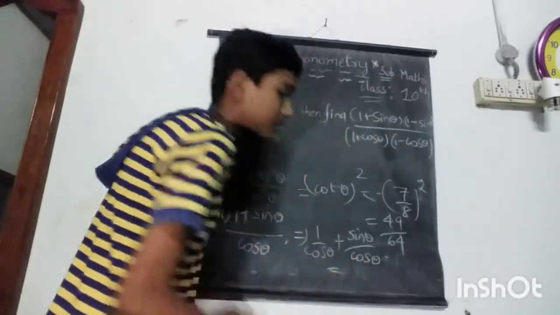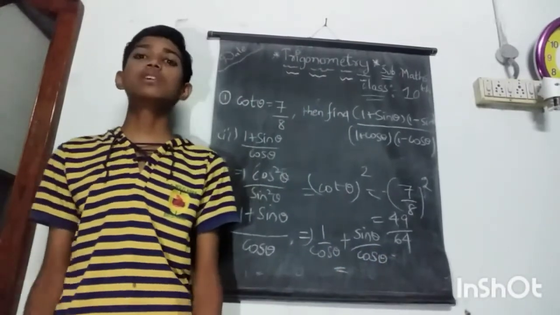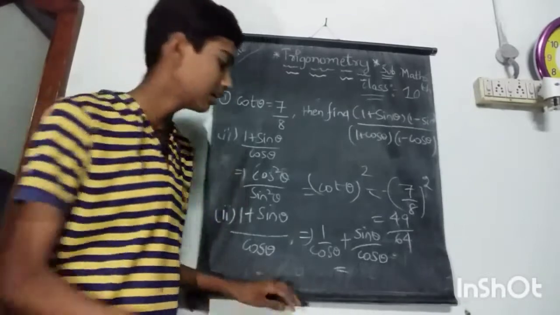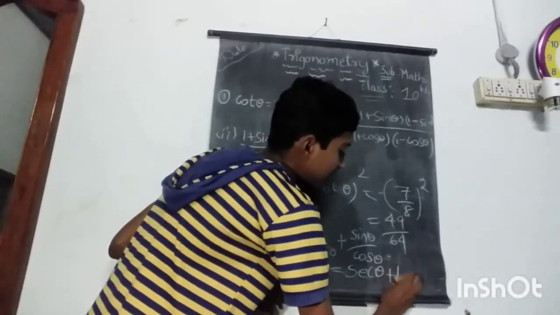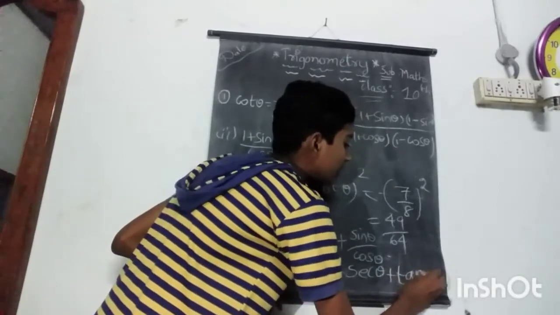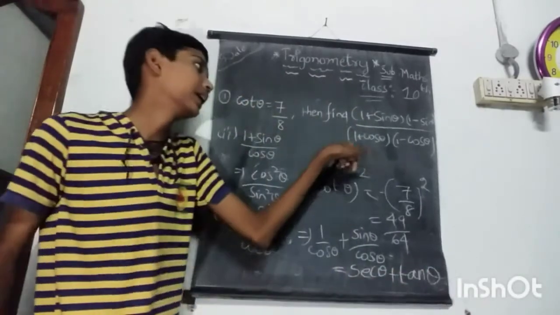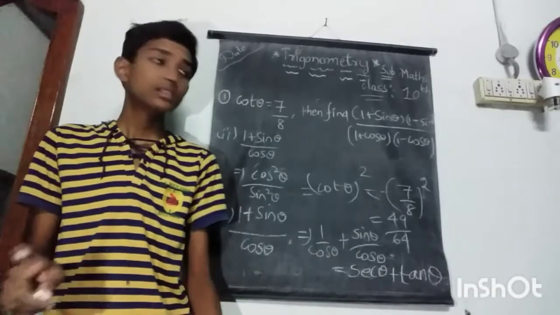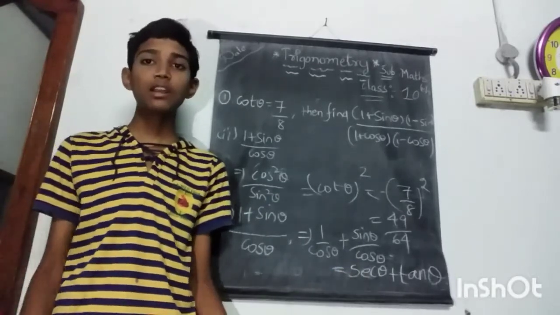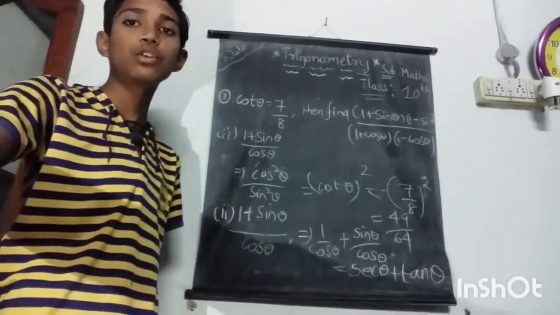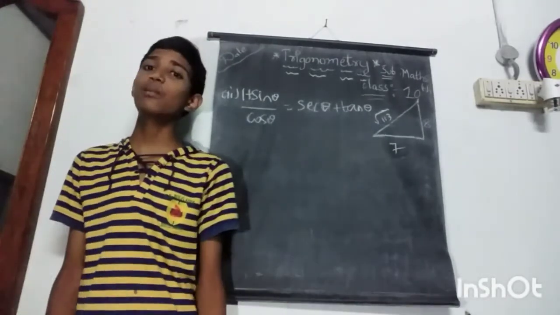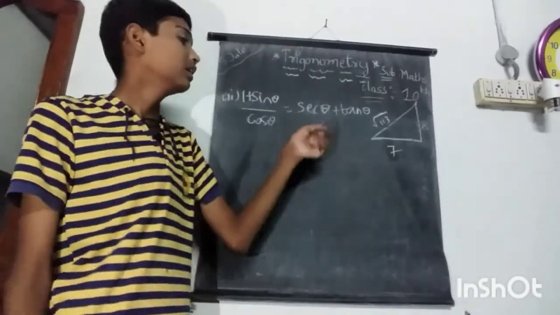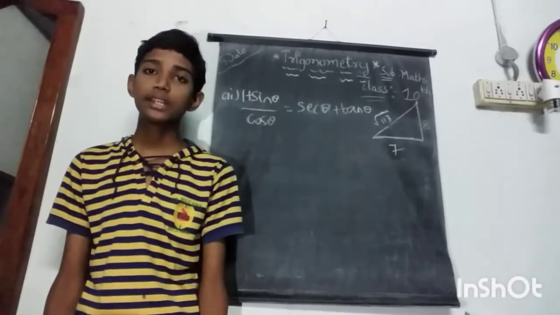That implies, we know the reciprocal of cos theta. What is this? Secant theta. That implies secant theta plus tan theta. We have to find by the hypotenuse secant theta and tan theta. Now let's substitute. We know the identities: secant theta is equal to 1 by cos theta and tan theta is equal to sin theta by cos theta.